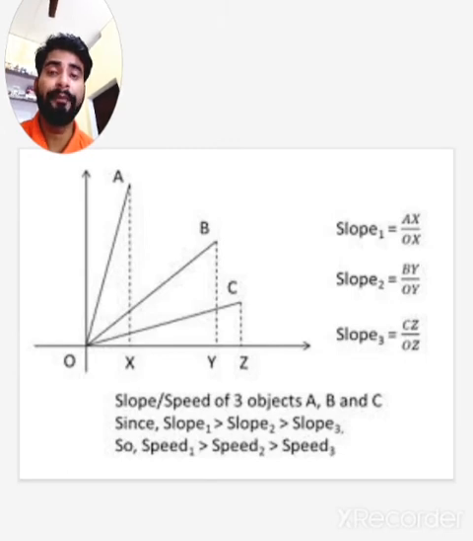For body A the slope is AX by OX, and for body B the slope is BY by OY. So in this way we can find the slope. Slope is the ratio of the y-axis distance divided by the x-axis distance.